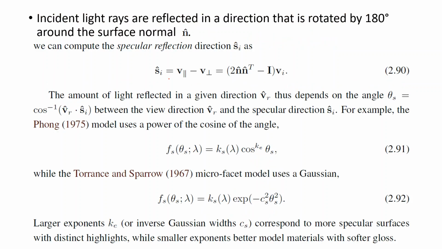So we are going to calculate the specular reflection direction. We already know the incident direction Vi. The specular reflection direction Si can be calculated as Vi minus twice the value of Vi dot N cap, times again N cap.